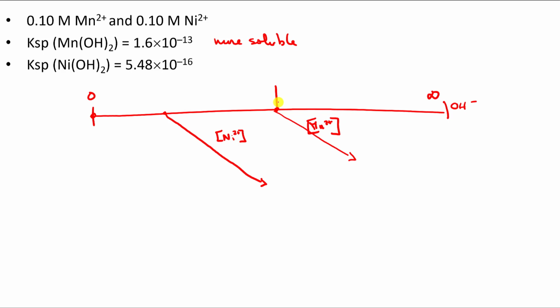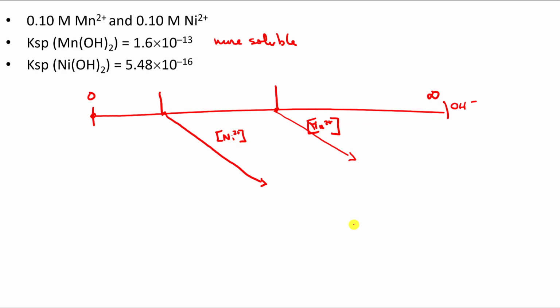On the other hand, below this value, neither precipitates because neither one of them would be insoluble at that hydroxide ion concentration. So those points are what determine two things. One, when the effective separation is its highest, and it also determines the range at which there's only one ion concentration that's changing.